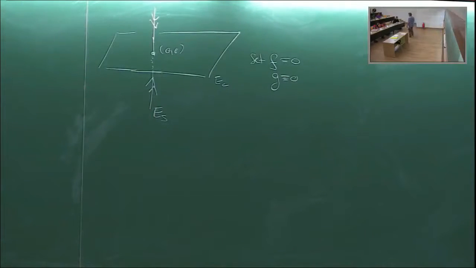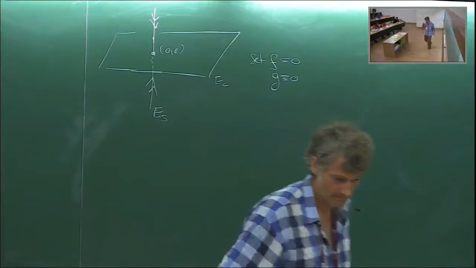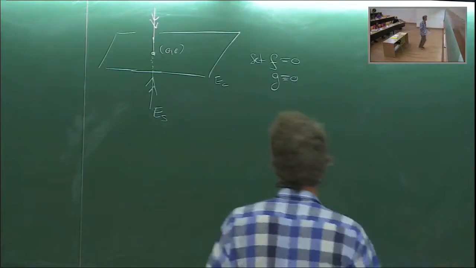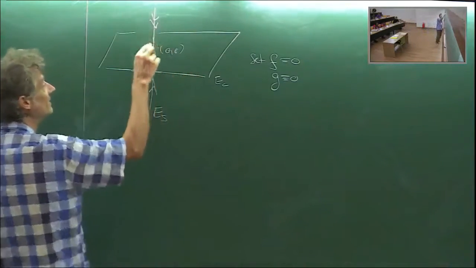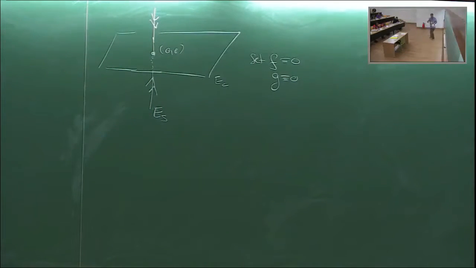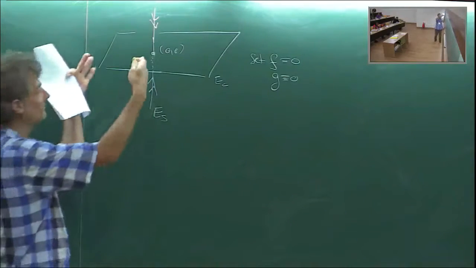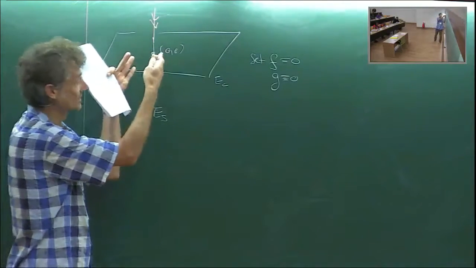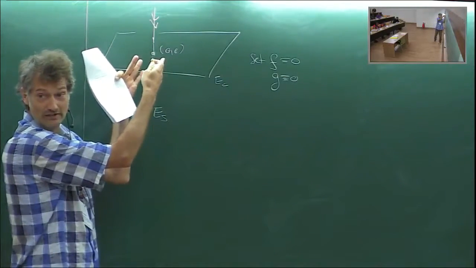So the question is, how does this picture become once we switch on the nonlinearities? If we get very close to 0, and we make this into a microscope, even in the nonlinear case, it should look like this.